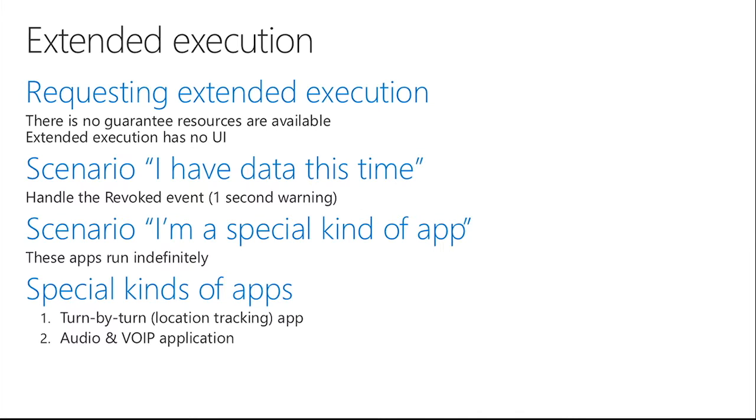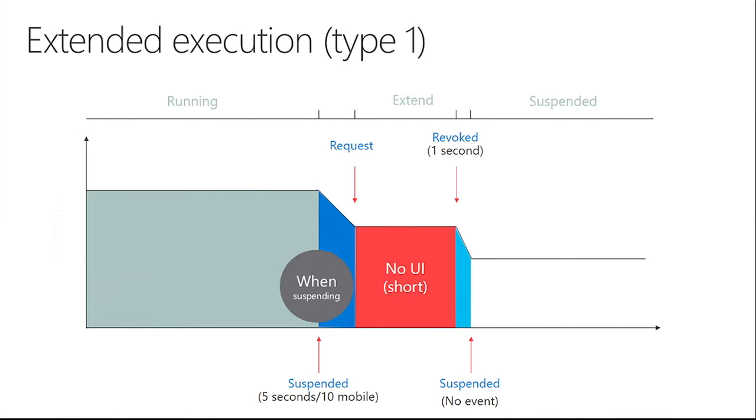But there's other specific things about asking for extended execution. So there are two scenarios. One: I have a special need for extra time on suspend for some reason. I've got loads of data to save or something complicated. Or the other scenario is I'm actually a special kind of app. So let's just look at those. So here we go.